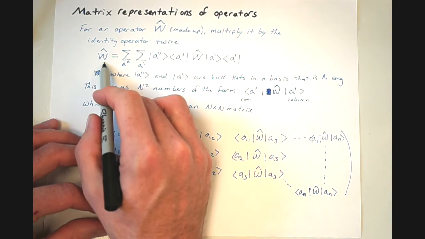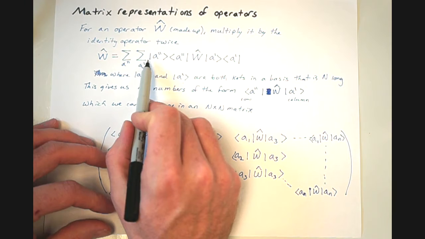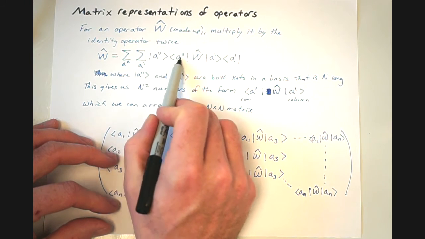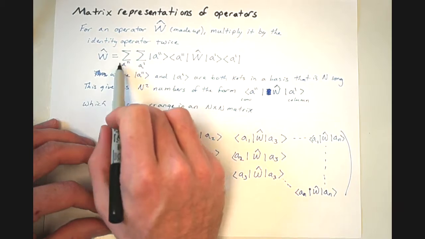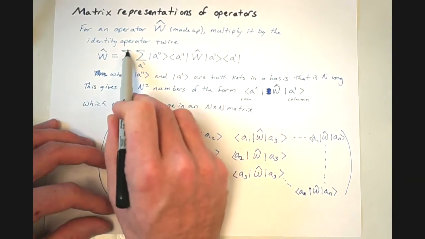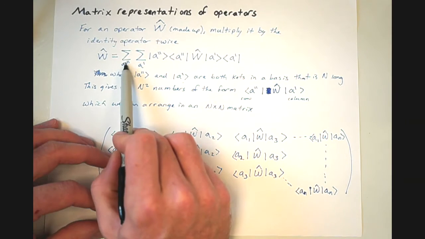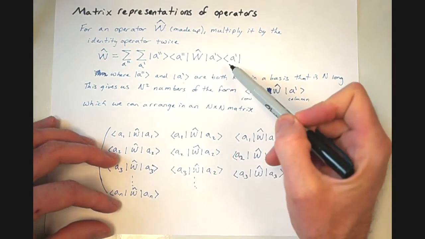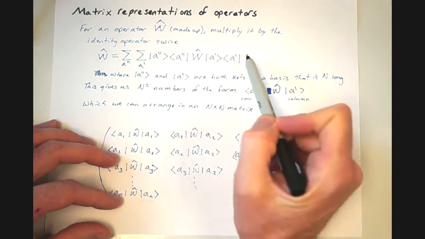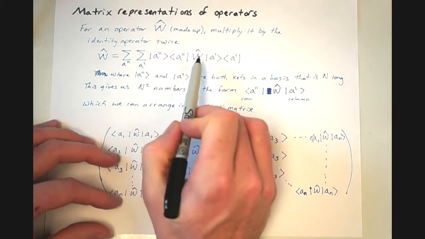We then have our operator W. Our identity operator, recall, is the sum over all elements in A of the outer product of A with itself. And we'll do that for A double prime on the left and A prime on the right. So we haven't done anything here. We've just multiplied it by 1 on the left and 1 on the right. So W equals 1 times W times 1.